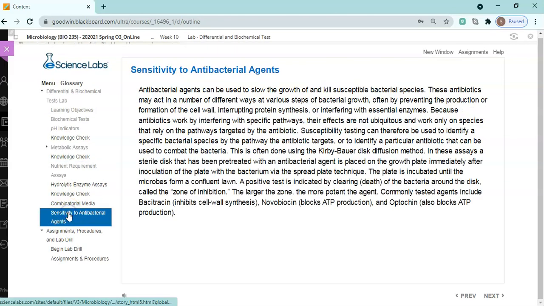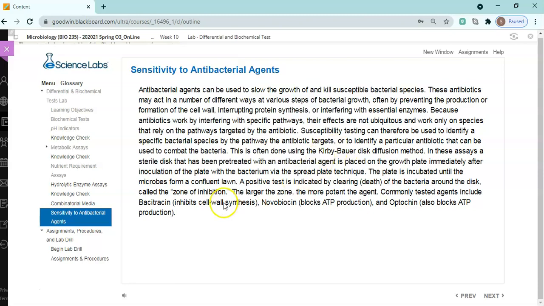obviously, going through and understanding our sensitivity to antimicrobial agents. Remember that we use the Kirby-Bauer disc diffusion method, which is a radial disc diffusion method, meaning that we use antibiotic discs that were put down on the Petri dish, and those antibiotics diffused out of the discs onto the surface of the plate.